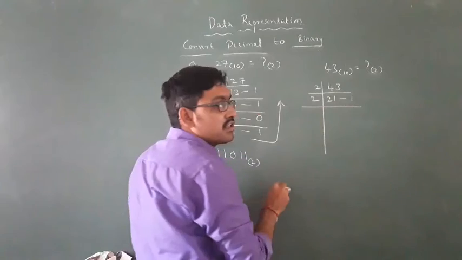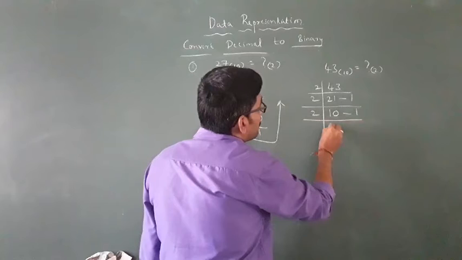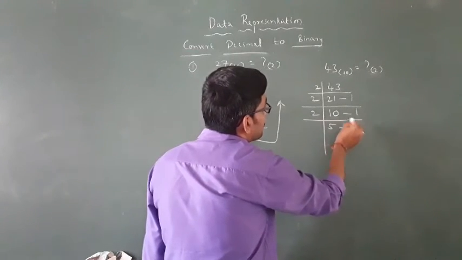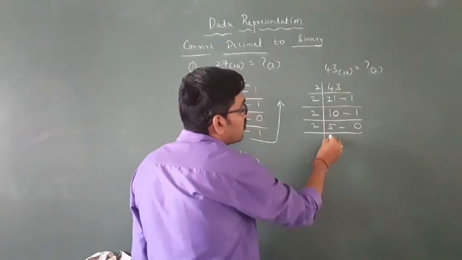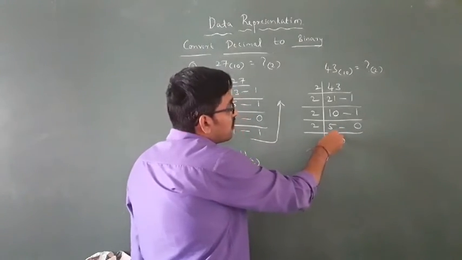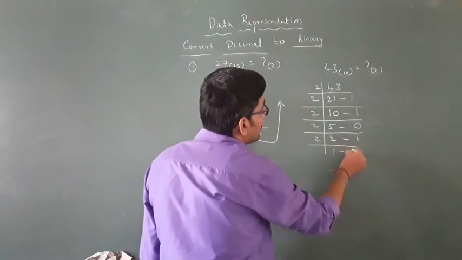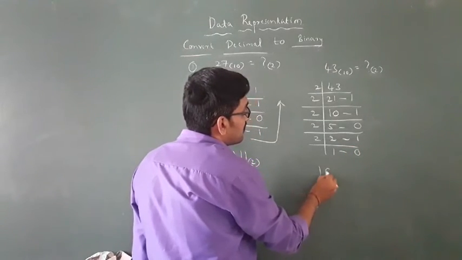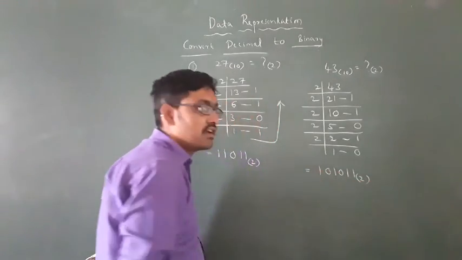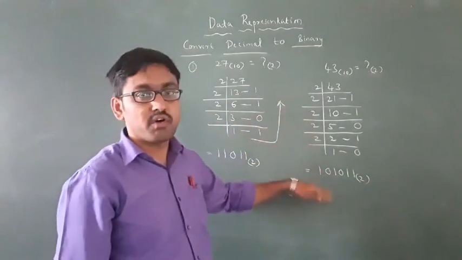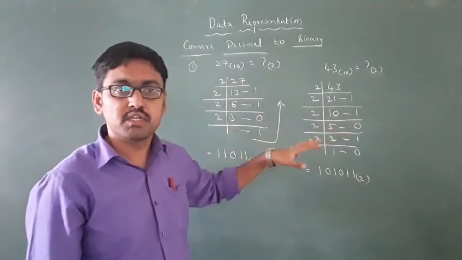Then 2 tens are 20, carry 1, 2 fives are 10, this is a 0, no carry, then 2 2s are 4, carry 1, then 2 1s are 2, the answer will be 101011. This is a conversion. You have to remember this. Questions like these are asked in the examination for 2 marks.